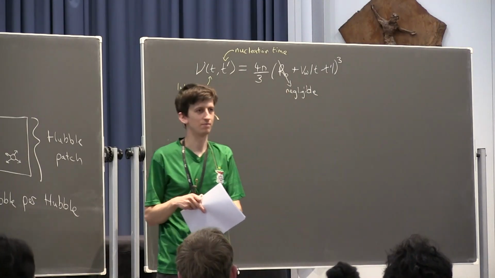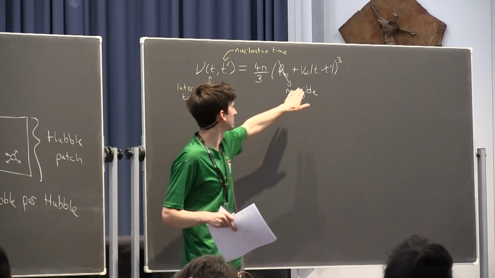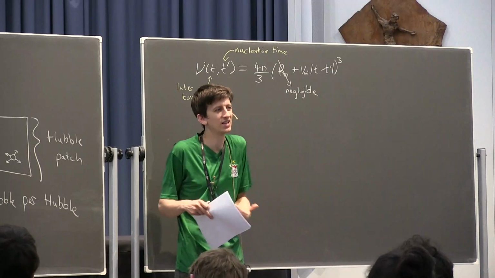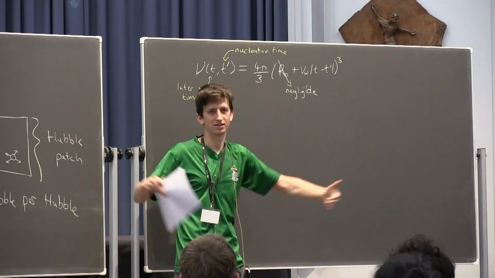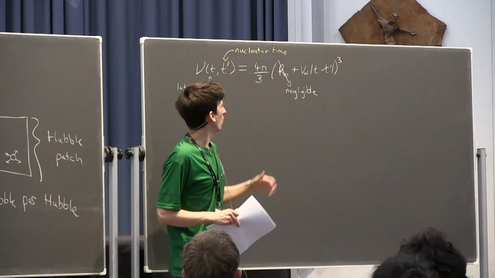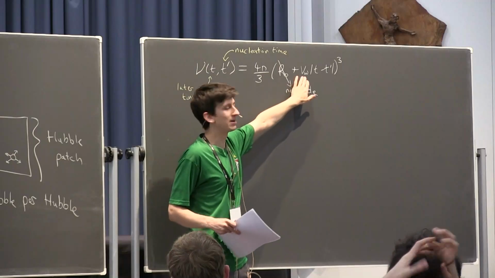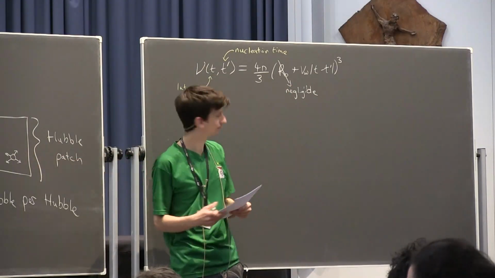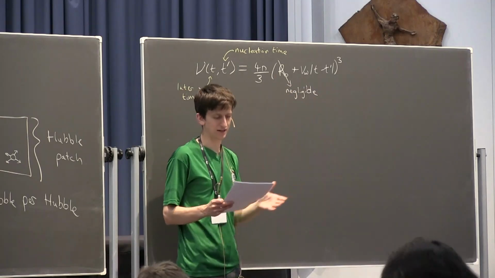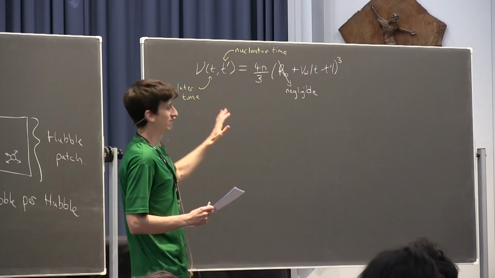Either it reaches some kind of a steady state solution, or even if it doesn't reach a steady state solution but keeps accelerating, it's going to get near c. It's going to get near the speed of light fairly quickly, and then it'll basically stick at 1. Or if it doesn't get to the speed of light, it'll stick at whatever its steady state solution is. So there'll be some kind of a constant velocity for most of the evolution of this bubble. And so that's its volume. That's the volume of one bubble.